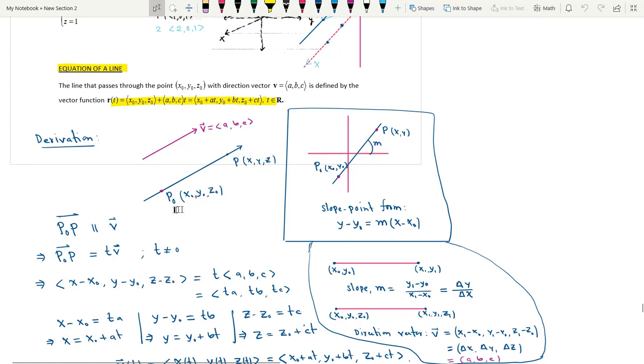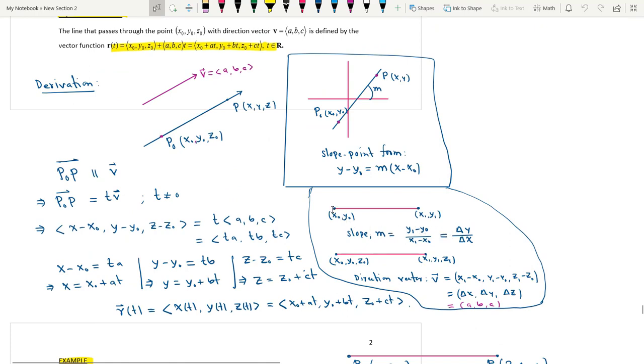Now in 3 dimensions, P0 equals x0, y0, z0 is a fixed point, and P is the general point on the straight line. This P can be anywhere on the line. And suppose we have a direction vector v equals a, b, c. This direction vector is like the slope. Then its equation would be this one. Although it looks complicated, we will derive it.